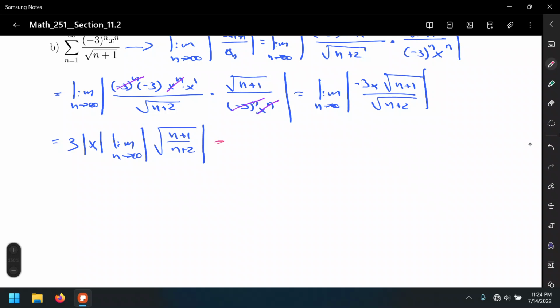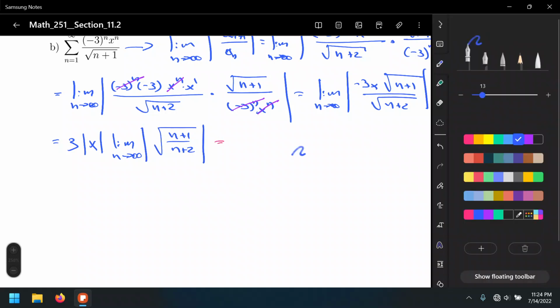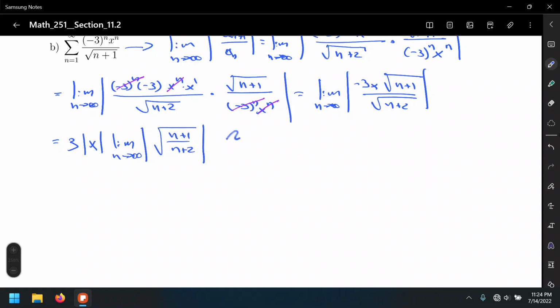So let's see. That's going to be 3 absolute value of x times the square root of the limit as n approaches infinity of n plus 1 over n plus 2. And what do we have? Polynomial over polynomial, both degrees are the same.